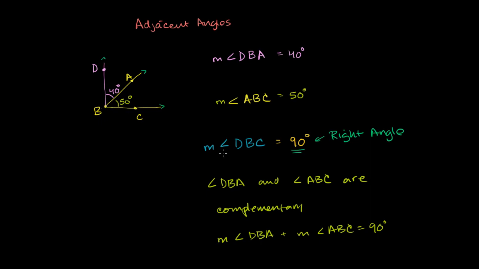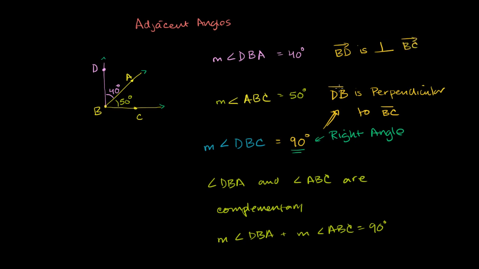So because we know that the measure of angle DBC is 90 degrees, or that angle DBC is a right angle, this tells us that the line segment DB is perpendicular to line segment BC. Or we could even say ray BD is, instead of using the word perpendicular, there's sometimes this symbol right here, which really just shows two perpendicular lines. BD is perpendicular to BC.